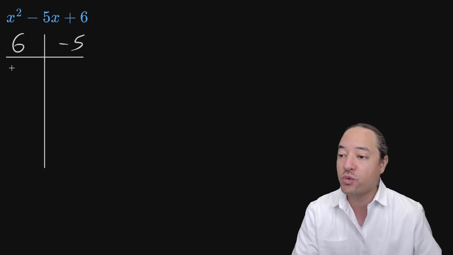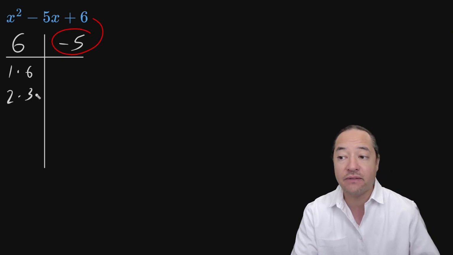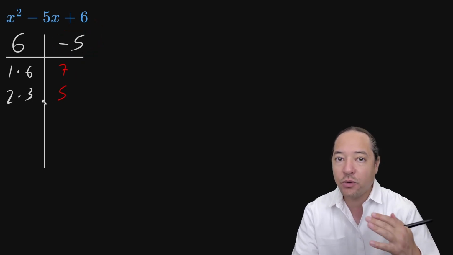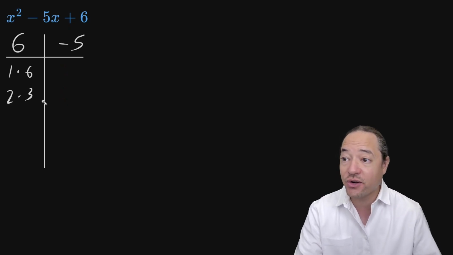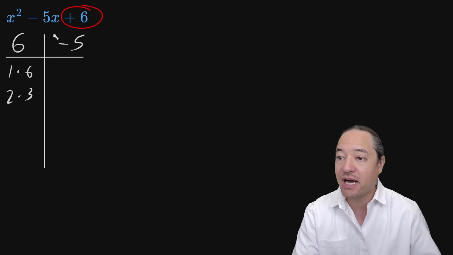So our factors would be 1 times 6 and 2 times 3, and then 3 times 2, that's the same thing. But none of these factors, when you add them together, will give us a negative 5, right? This would give us a 7, and this would give us a positive 5. How can we possibly get a negative 5? Well, it turns out we can also multiply 2 negative numbers together to get a positive value here.